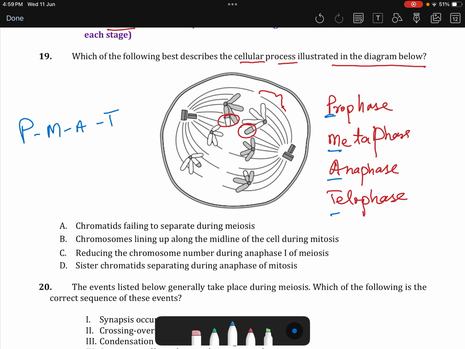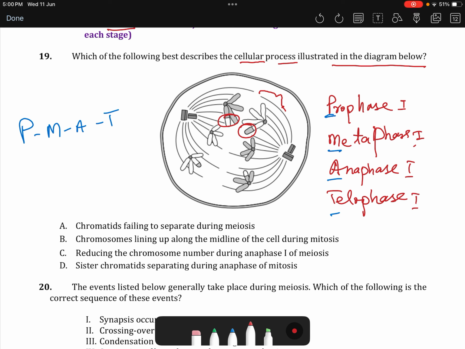And also remember this is meiosis 1, because you see the homologous chromosomes are split and move to the opposite poles. So this is prophase 1, metaphase 1, anaphase 1, telophase 1. In prophase 1 crossing over takes place.